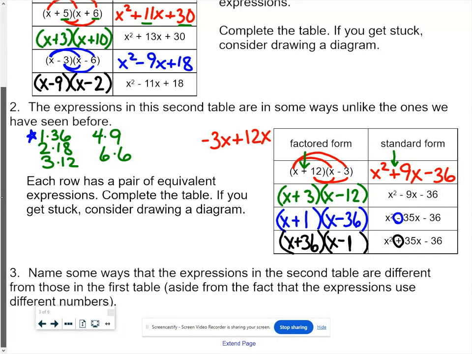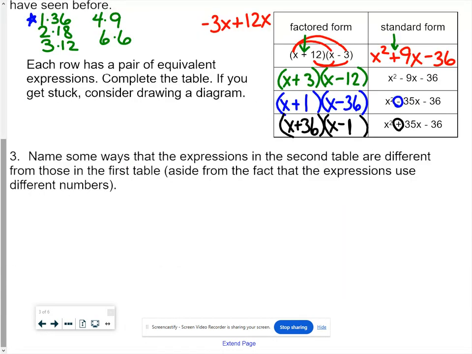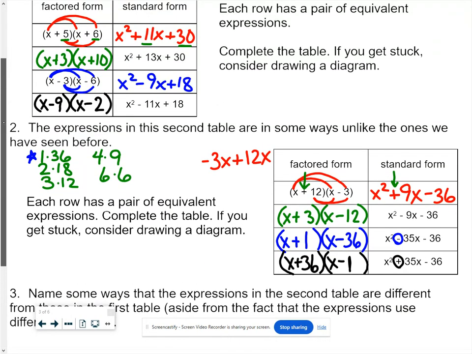So this says, name some ways that the expressions in the second table are different from those in the first table, aside from the fact that they're using different numbers. Again, in the first table, we had all problems with the same signs. Either when I factored it, I had 2 pluses, 2 additions, or 2 positives, however you want to say that.